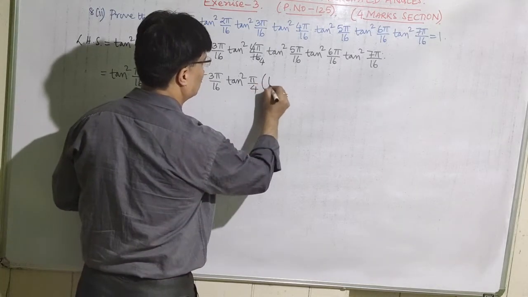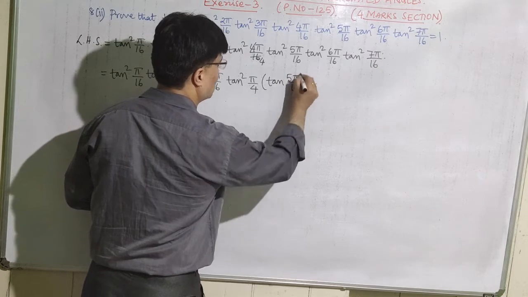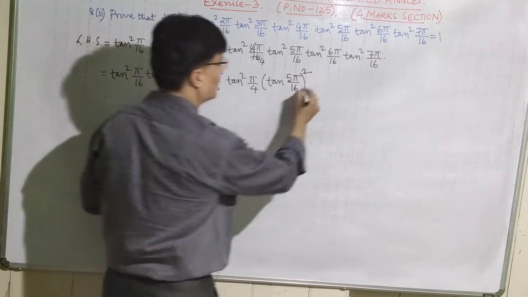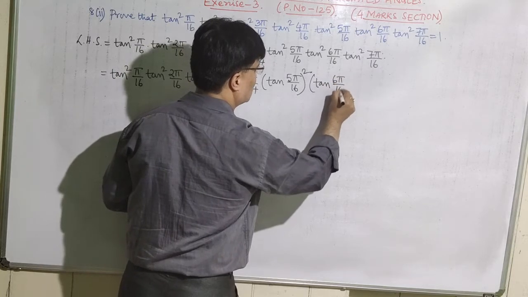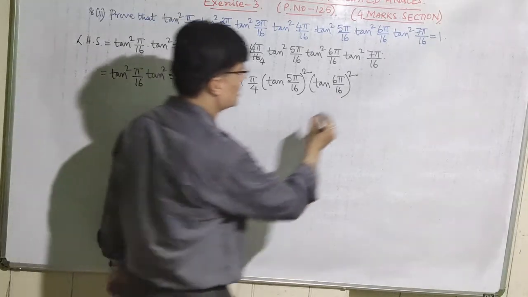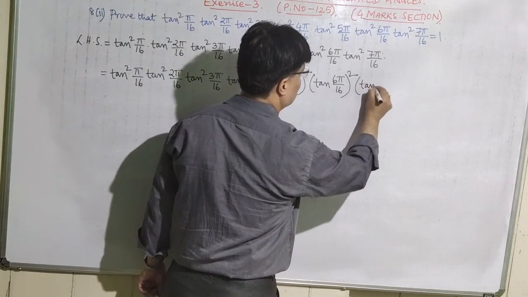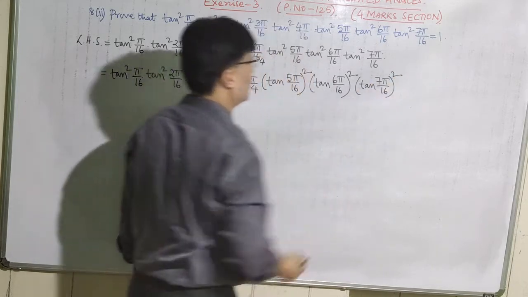So we can write here tan 5 pi by 16 whole square. This is tan 6 pi by 16 whole square. Similarly, what is the last one? It is tan 7 pi by 16 whole square.